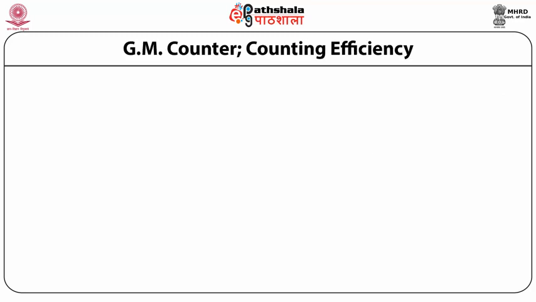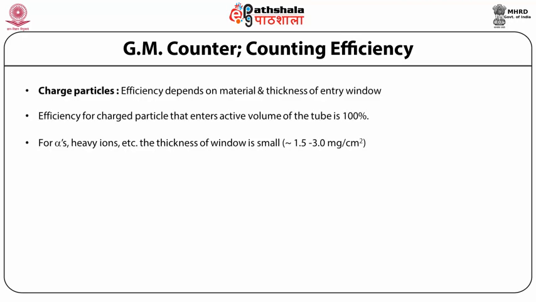GM counters, counting efficiencies. Now in this slide we are going to study how efficient the GM tubes are when different radiations enter them. The first one is charged particles. How efficiently are the charged particles getting detected and counted? For charged particles, efficiency depends on the material and thickness of the entry window.